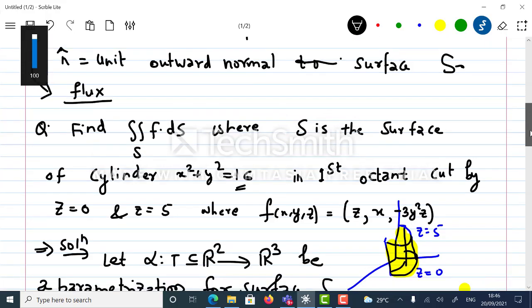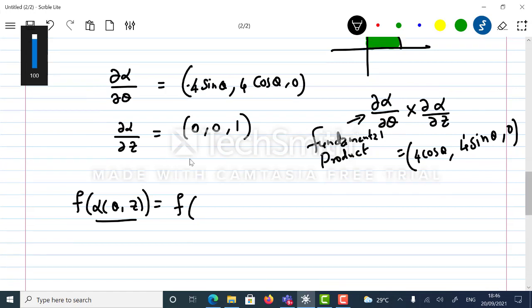So I need to find this: alpha of theta comma z is 4 cos theta, 4 sin theta, and z.